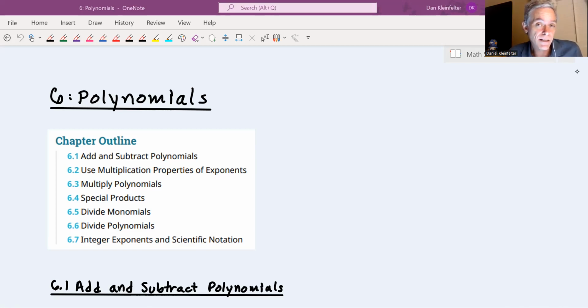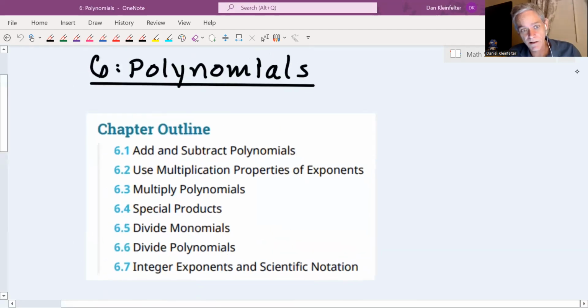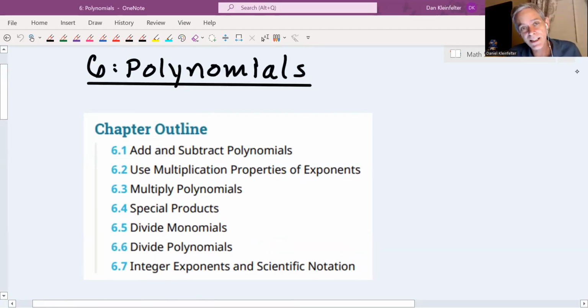The entire subject is more working with expressions and less application or word problem oriented than some of our recent experience. The 7 sections we're looking at, once we know what a polynomial is: 6.1 is about adding and subtracting polynomials.